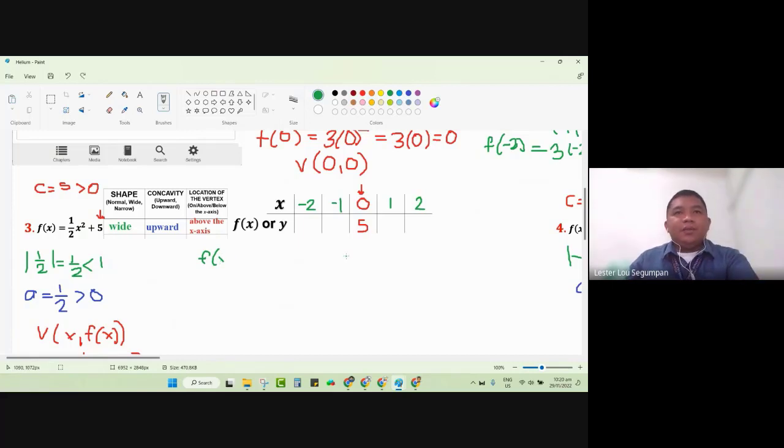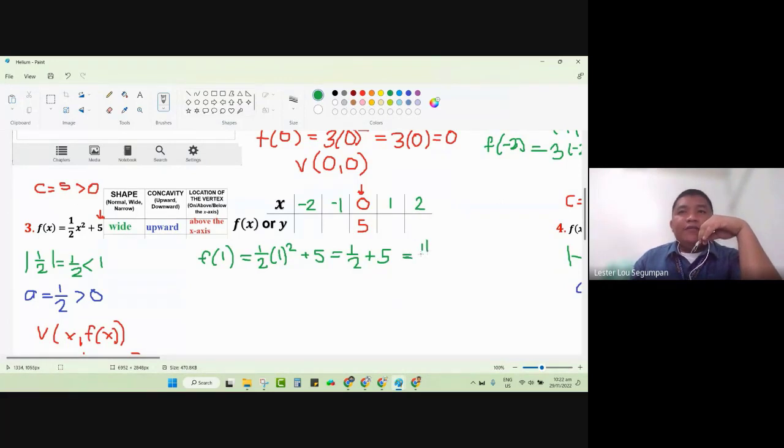So let's start with 1. F of 1 is we will have 1/2 times 1 squared plus 5. We'll have 1/2 plus 5, which is actually 5 and 1/2 or 11 halves.